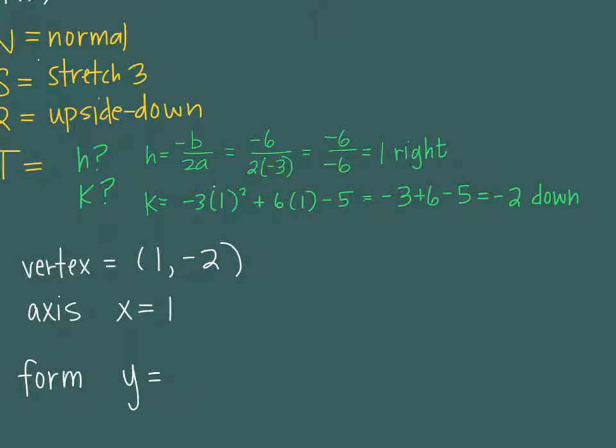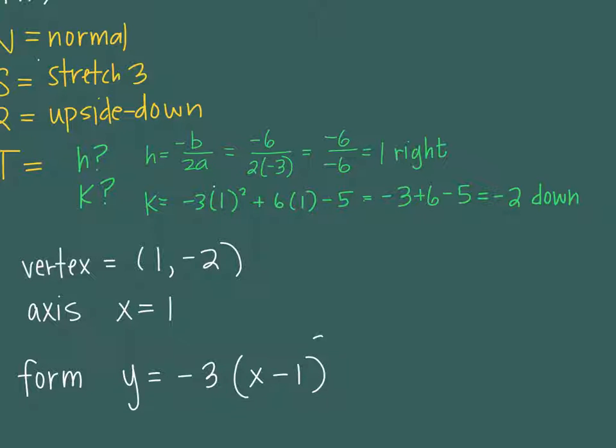And now we're going to put it all together. We're going to put the stretch in there, we're going to put the reflection in there, and we're going to put the position of the vertex all together in one vertex form. So the upside down reflection needs to lead it off. Stretch is going to be of 3. The vertex was 1 to the right, so in parentheses I write x minus 1.